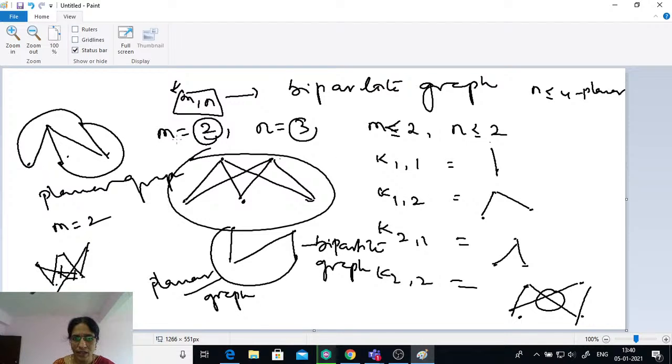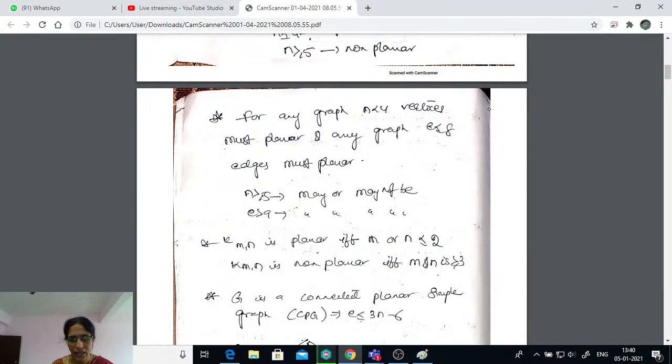That means if the graph is a complete bipartite graph, then up to m equal to 2, n equal to 3, that is 2, 3, the planar graph condition is satisfied. That is n less than or equal to 2. Okay, and a graph G is a connected planar simple graph, that is E less than or equal to 3n minus 6.